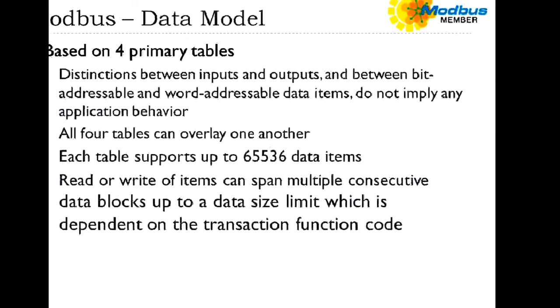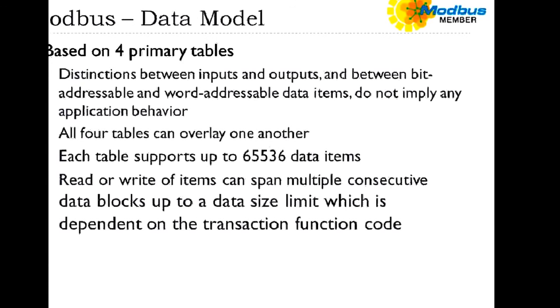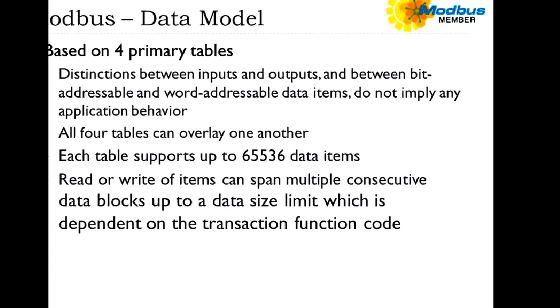But all these distinctions do not imply anything on the application side. So every vendor may use these registers to do something different. If I want to expose a contact, open and close, I can expose it like a coil, or I can expose it using a particular register in which I need to write some value.